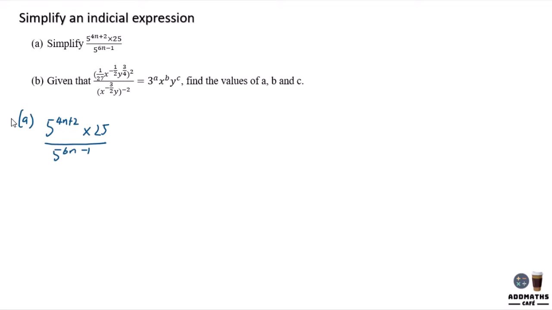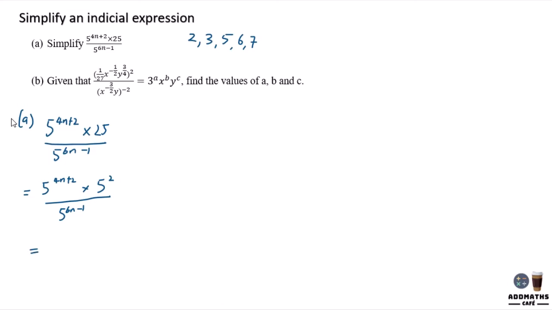So always make the base the lowest value, which is around 2, 3, 5, 6, 7. All these values are the lowest base. So in this case, we know that the lowest base will be 5. So I can change it to 5 to the power of 4n plus 2, times 5 to the power of 2, divided by 5 to the power of 6n minus 1.